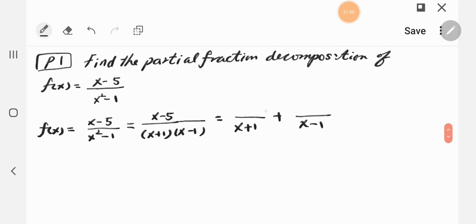And the numerator is just constant a and constant b. Look, the degree of the denominator is linear, 1. So the numerator should be 1 less than the degree of the denominator. So it's a constant. The constant is just a number, so I use a and b. Then let's combine these two.